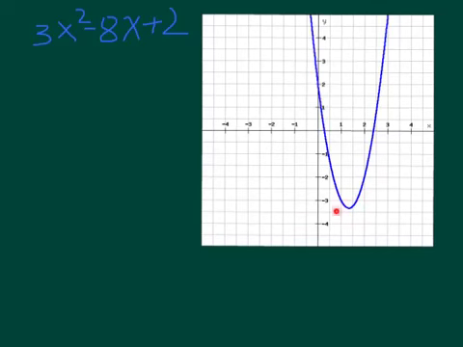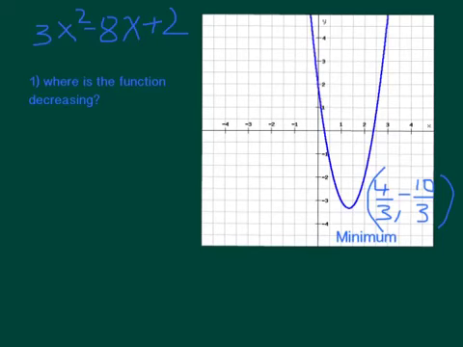So this vertex, which we found in the last slide to be 4 over 3, negative 10 over 3, is the minimum. A question they might ask in the chapter test is, where is this function decreasing? Decreasing means going down. For a parabola, the change will always be at the minimum or the maximum.